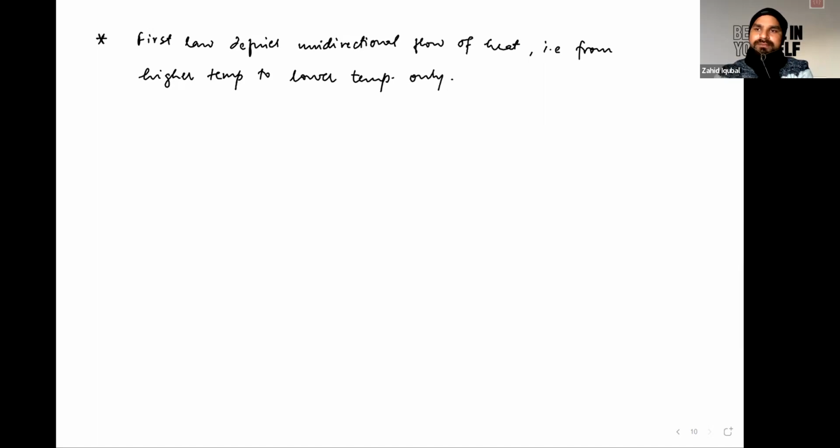So let me define the basis of the second law. For this, we have two different statements.